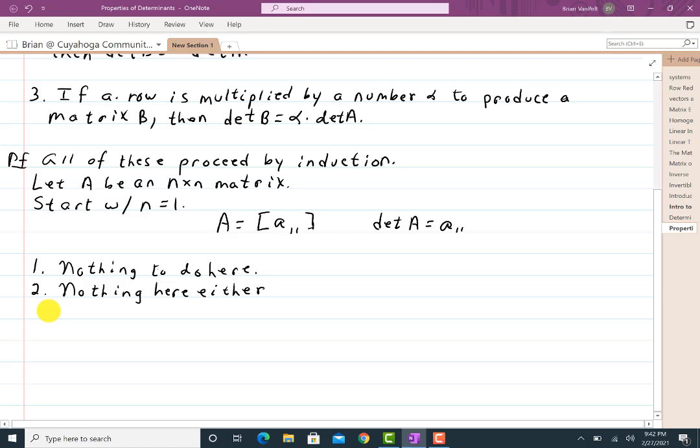The only thing that we can really do is part 3, where we look at the determinant of the single element alpha A11, where we multiplied the row by alpha. That equals alpha times A11, which is, of course, alpha times the determinant of A11.